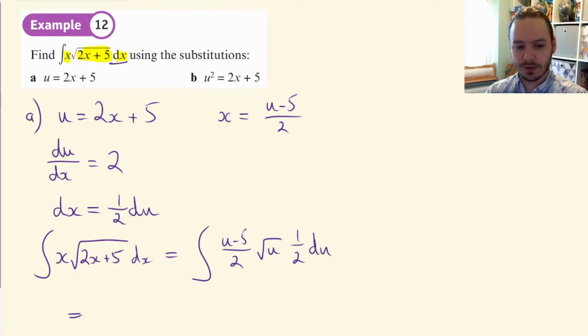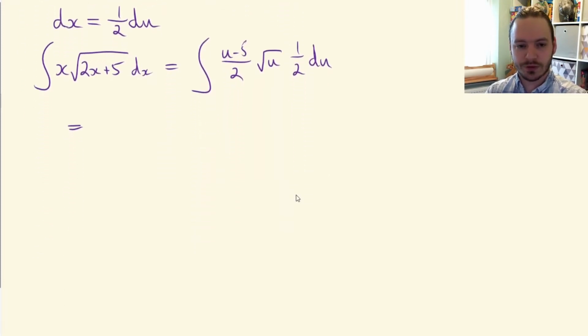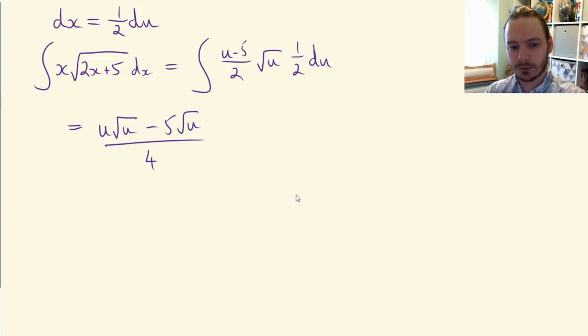This could do with just a little bit of tidying up. So I'm going to just bring the root u up to the top here. So I've got u root u minus 5 root u over 4 du. And I could reorganize this slightly more. In fact, I'm going to, because it's going to be easier to integrate this if we rewrite this in polynomial form with powers.